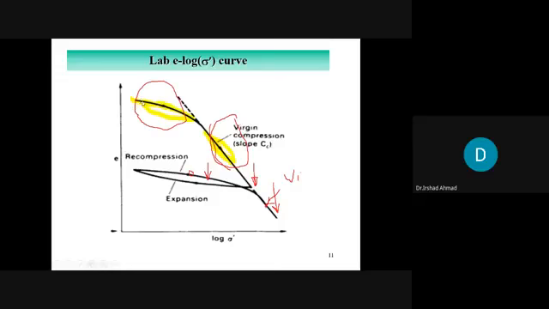Now in the lab you are increasing the stress, but by the time you reach that maximum stress in the past, it will be linear. So that maximum pressure in the past is called the pre-consolidation pressure. ठीक है ना?